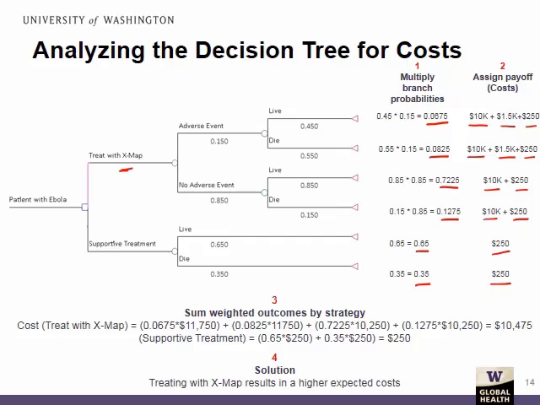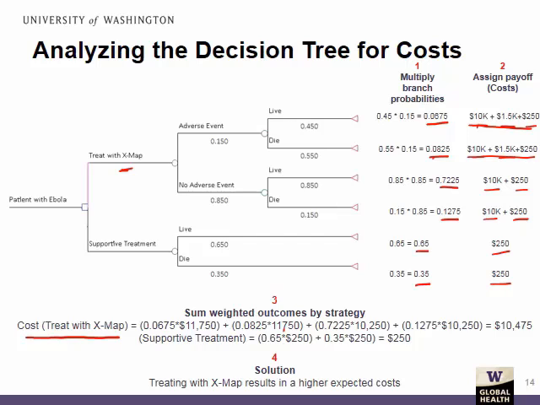IV fluids and antipyretics. So once again, we multiply the product of the branch probabilities by the sum of the payoffs. So for XMAP, the mean expected cost of XMAP is these estimates times the sum of these estimates. So this is 0.0675 times 11,750, which comes from these three, and plus this one, plus the same amount, which comes from these three, and so on and so forth.